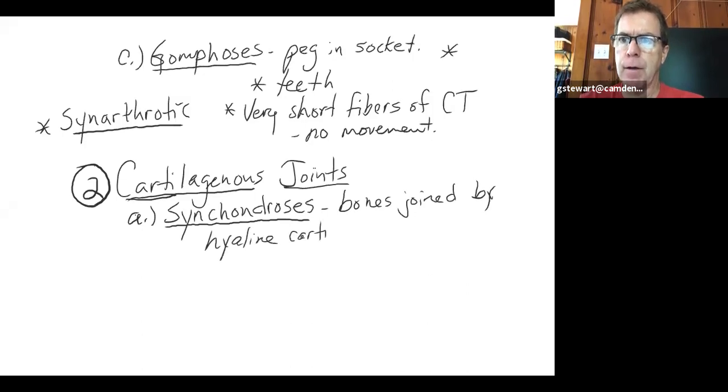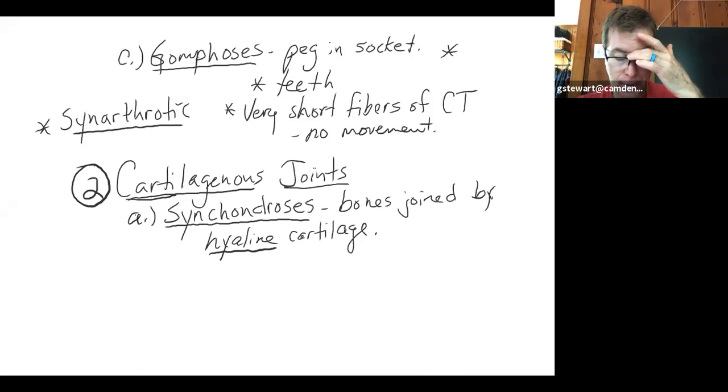Remember, I wrote out the 3 types of cartilage at the beginning of this: hyaline, elastic, and fibro. All of these synchondroses are hyaline cartilage joints. So that's based on their structural classification. Examples of this, by the way, I'll write this later, but they are considered immovable.